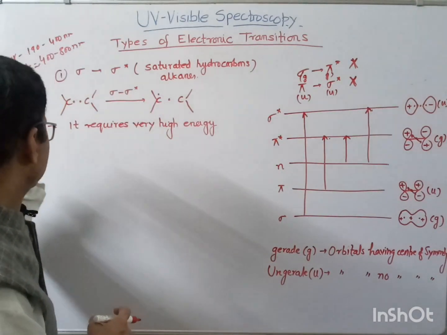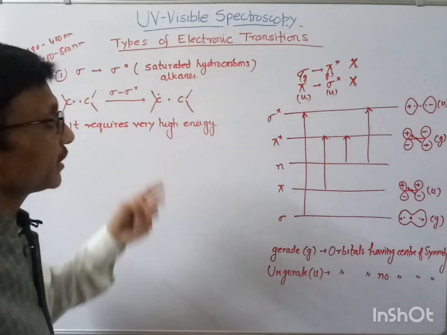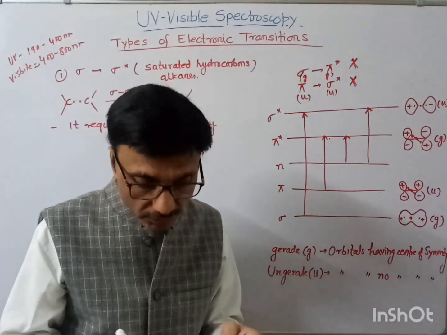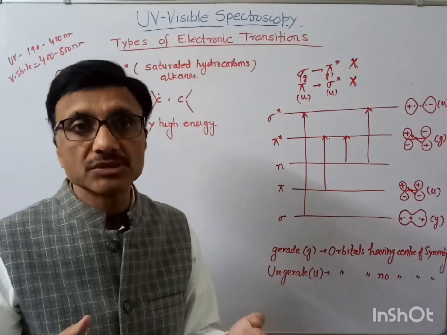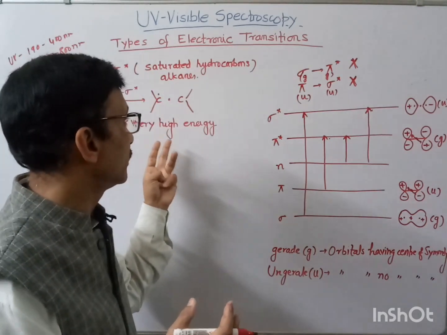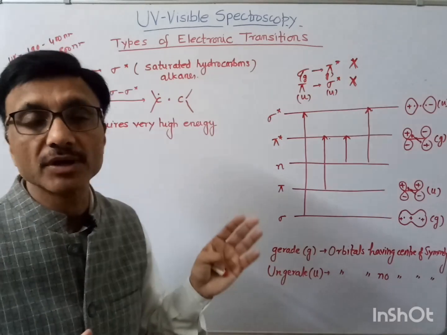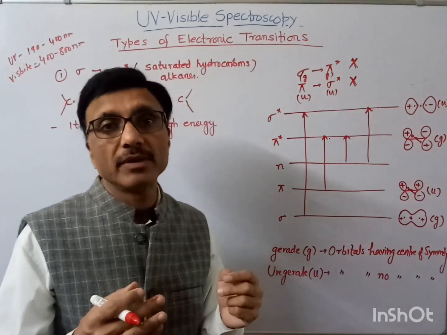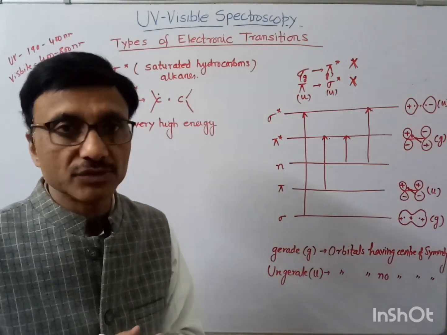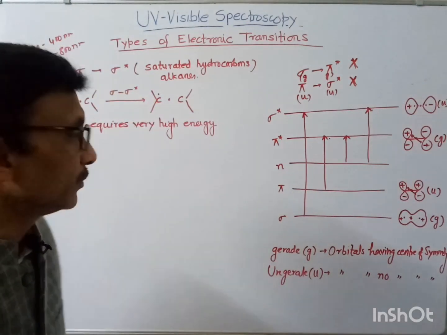After absorbing the UV light, which is very high energy light, such types of transitions can be studied under the vacuum region. So in the UV, that is the vacuum ultraviolet region.